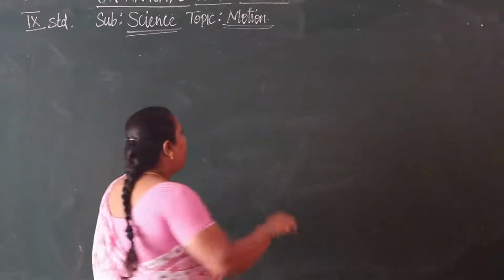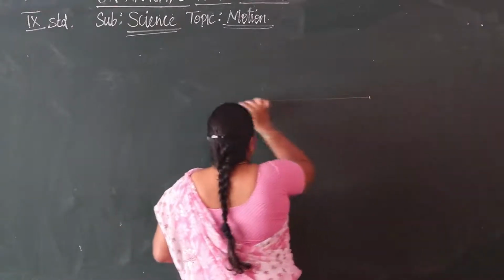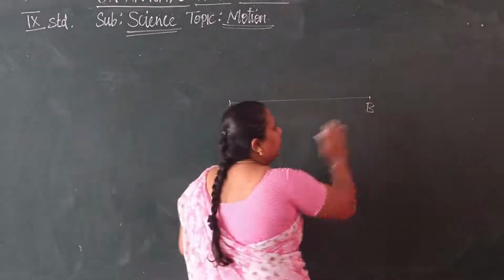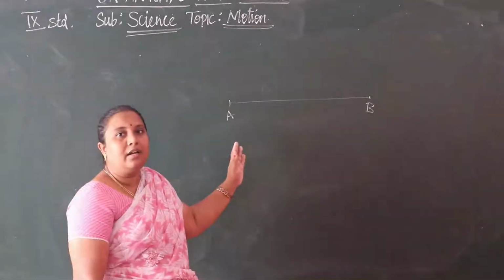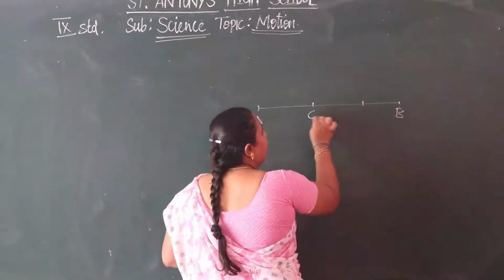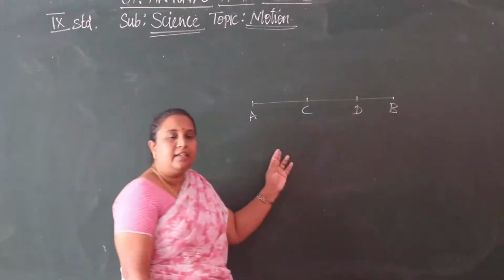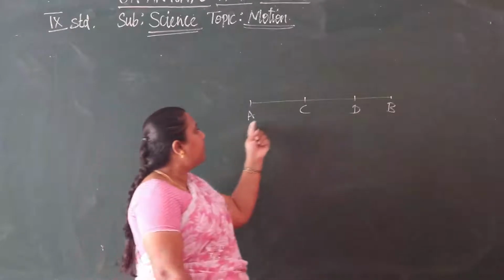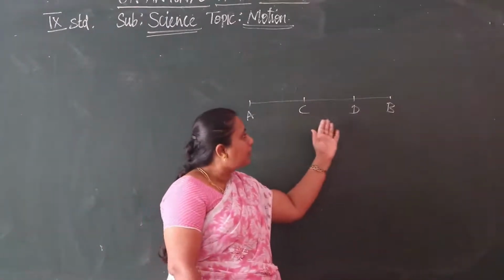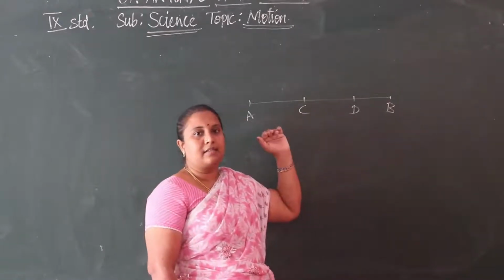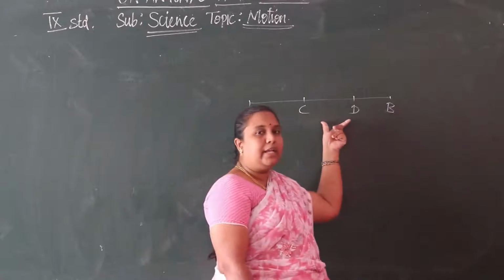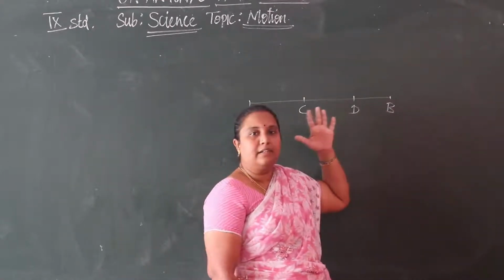Take non-uniform motion from A to B, with points C and D in between. Here A to C is an unequal distance compared to the other two, C to D is different, and D to B is different.